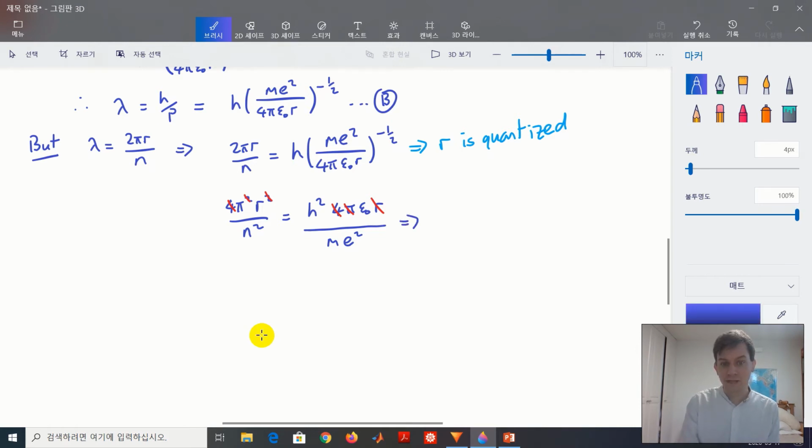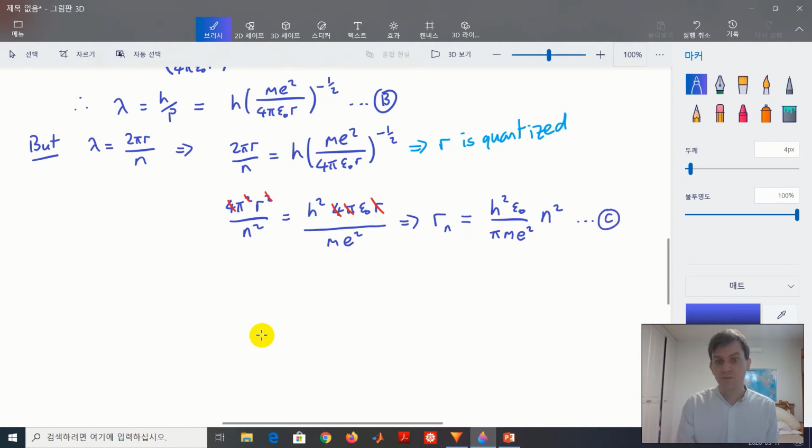So putting all that together, we get the r, and I'll label it by n to show that it depends upon this integer n. R_n is equal to h squared times epsilon 0 divided by pi times m times e squared times n squared.